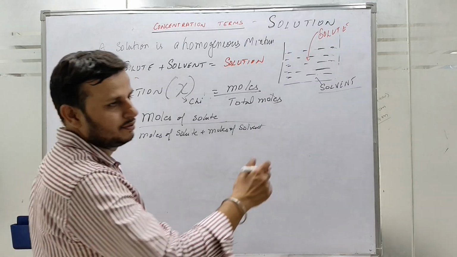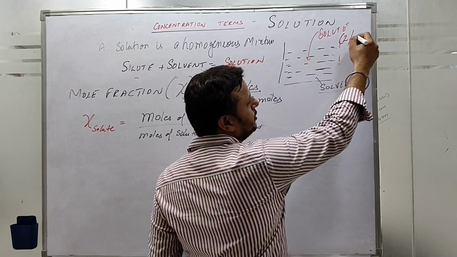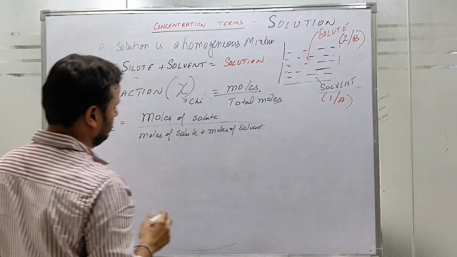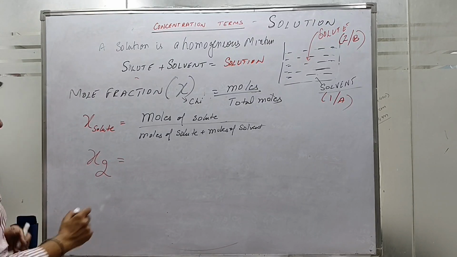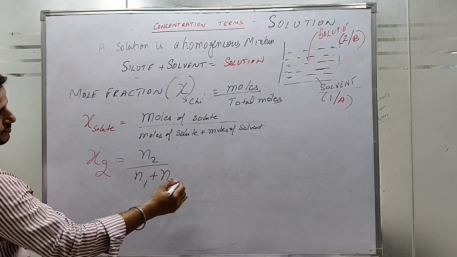In most of the books, we denote solute by 2 or B and solvent by 1 or A. The mole fraction of solute, X2, is equal to moles of solute by total moles.